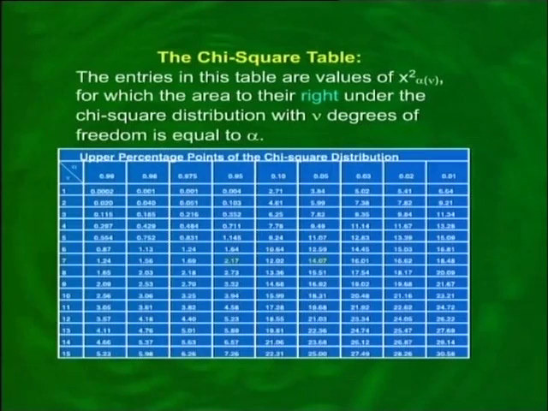Now, in order to find the values of chi square, we will need to consult the chi square table, which you now see on the screen. The very first column indicates the degrees of freedom, and the very top row indicates the areas that we would like to have to the right of our chi square values.